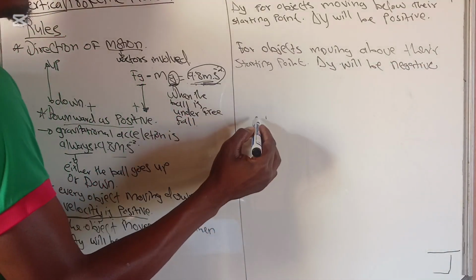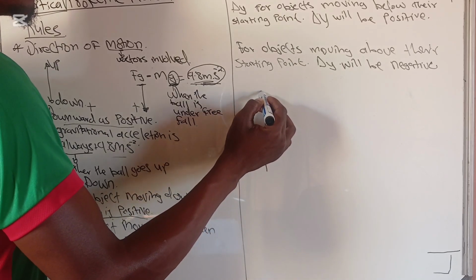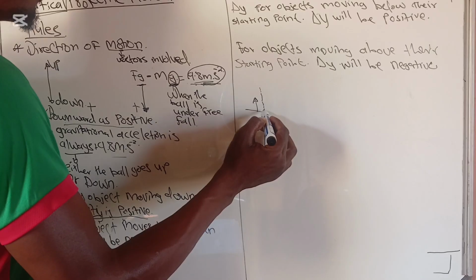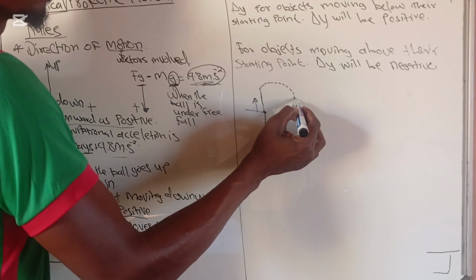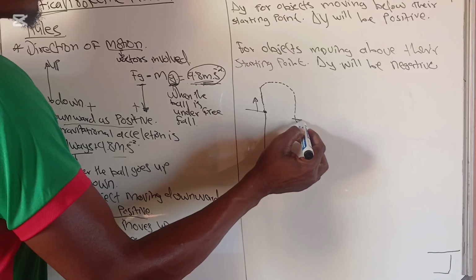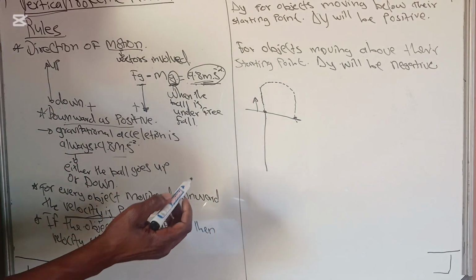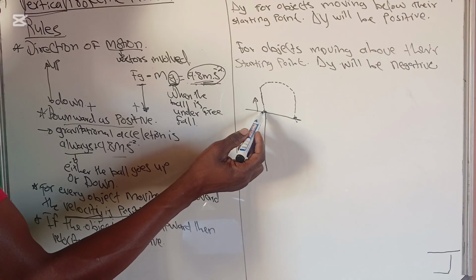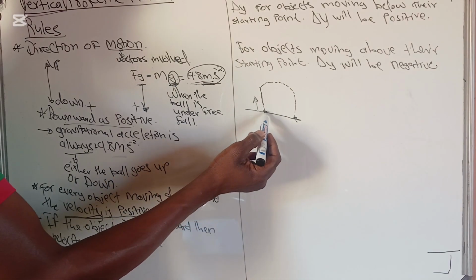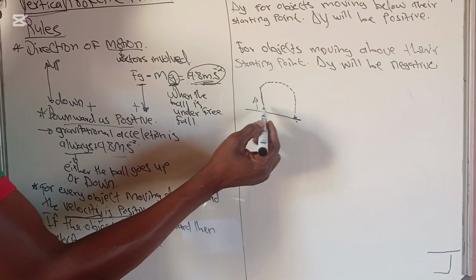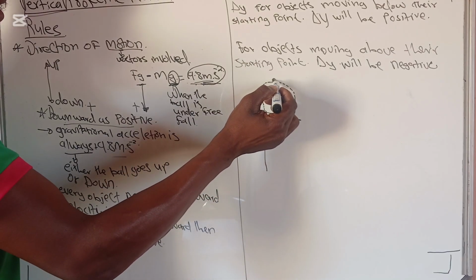Now, a practical example: if I throw this ball upwards, it goes like that, and it comes back here. This means that the ball is going above where it started, because it is going up. So it starts here, it goes up, and the ball ends here.